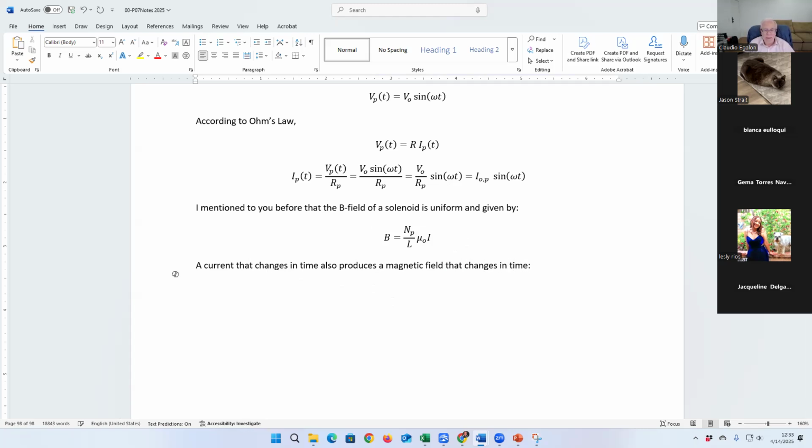Can you picture that? So consequently, for a generic device.